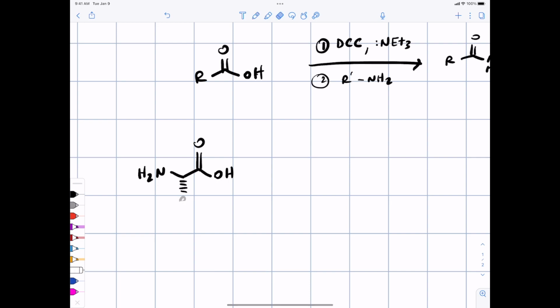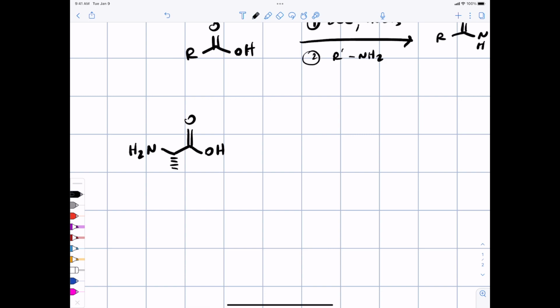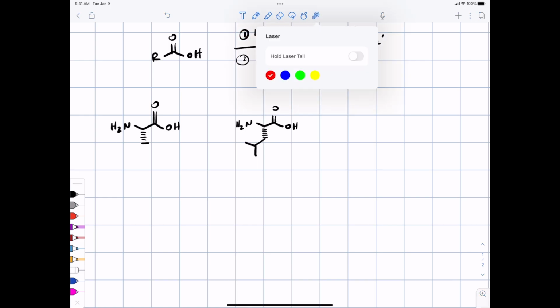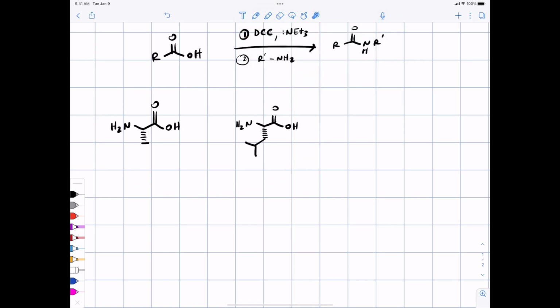So what if I wanted to make an amide bond between this alanine and, let's say, this leucine? What's the problem with just using DCC and then putting these two things together?